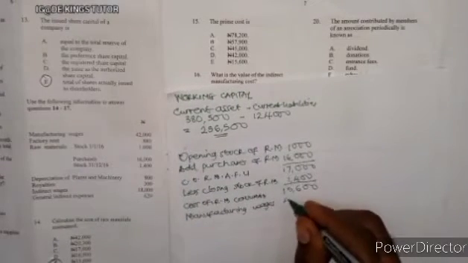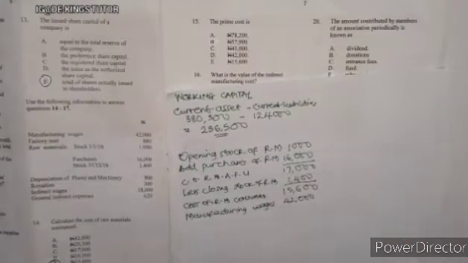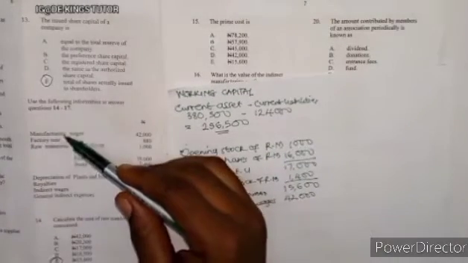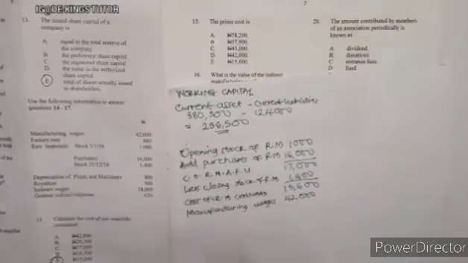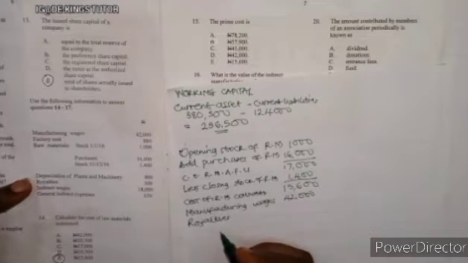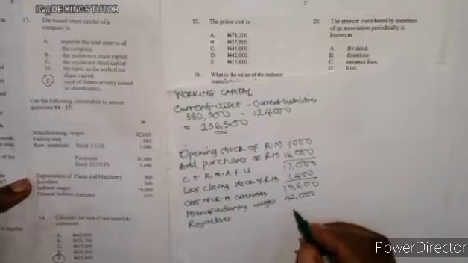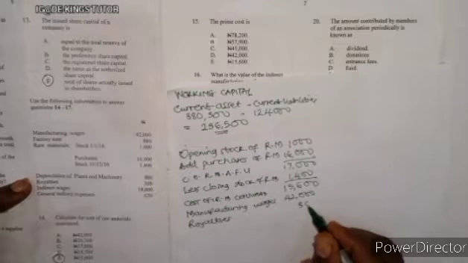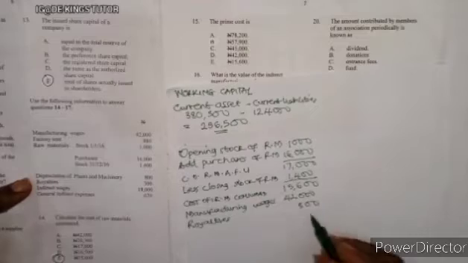How much is it? 42,000. And another direct expense here is royalties, which is 300. No other direct expenses.